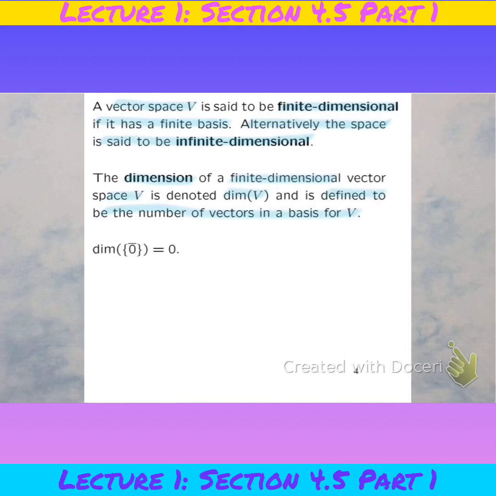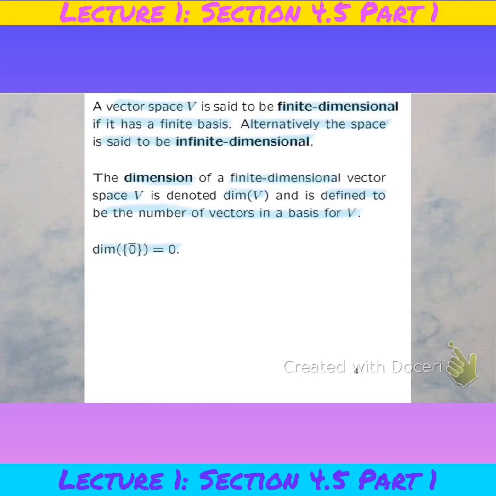Now, if a vector space only has the zero vector, by definition, we say that the dimension of the set containing only the zero vector is 0.